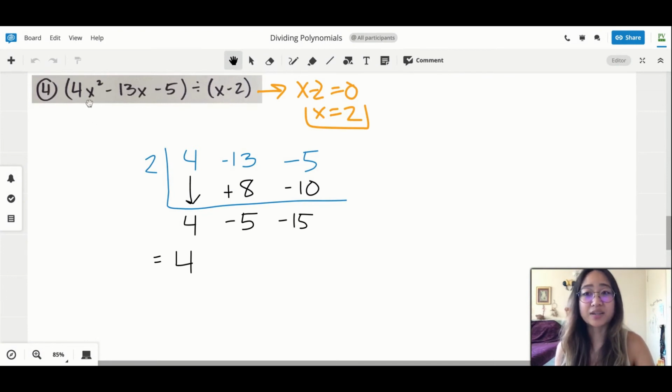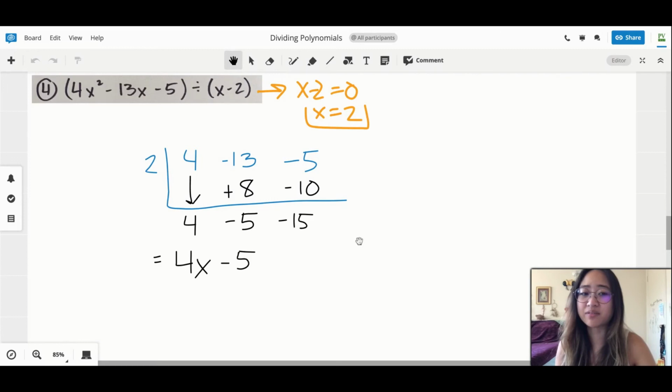So if I started off with 4x squared as part of the dividend, then the first term of my quotient will be 1 degree less. So it'll be 4x. And following the order of standard form, we always go from highest degrees of the variables first, and then plain old constant numbers last. So since we can't go any further in degrees, our next term is just going to be minus 5.